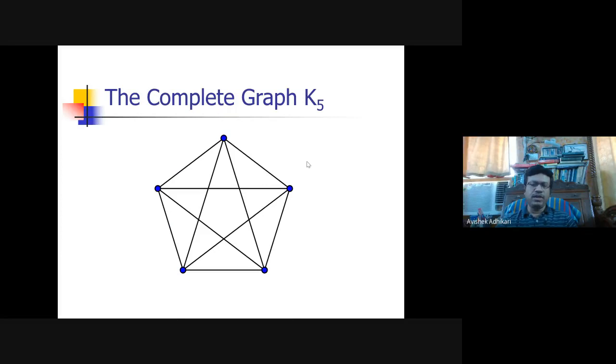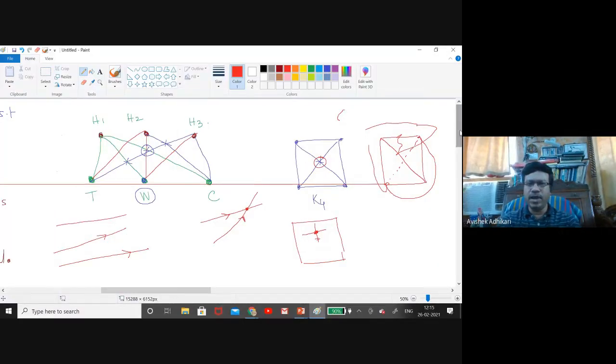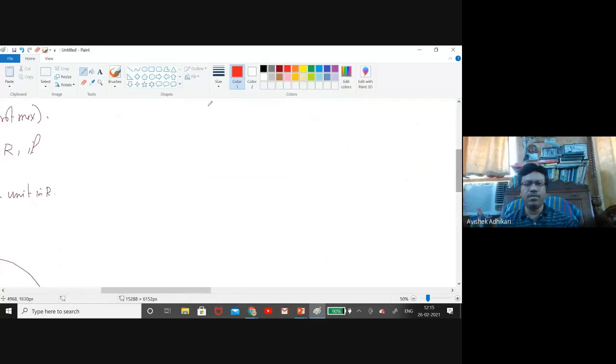Okay, so it's a complete graph K5, and let us try to check whether this complete graph is planar or not. Could you please try on your own to check whether you can draw this K5 without having any kind of overlapping of edges?